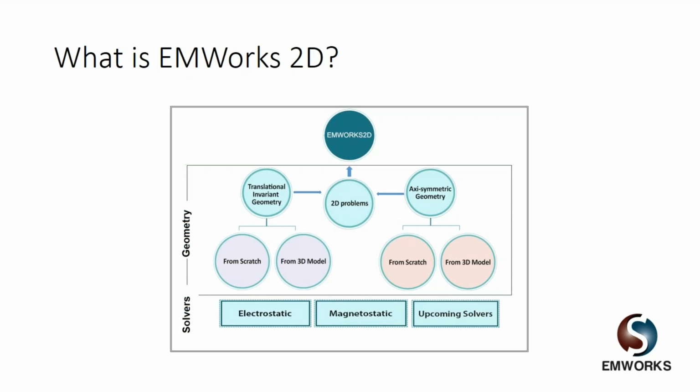The way EMWorks2D handles these geometries is pretty intuitive. You can either create your 2D geometry in SolidWorks from scratch, or you can use an existing SolidWorks 3D model and convert it into a geometry suitable for 2D simulations. At the moment, we support both electrostatic and magnetostatic. But in the future, sometime next year, we will support both AC as well as transient magnetic solvers.